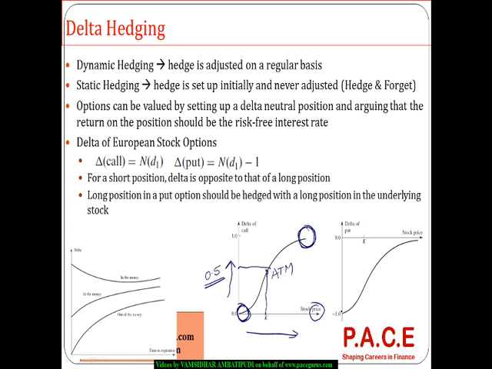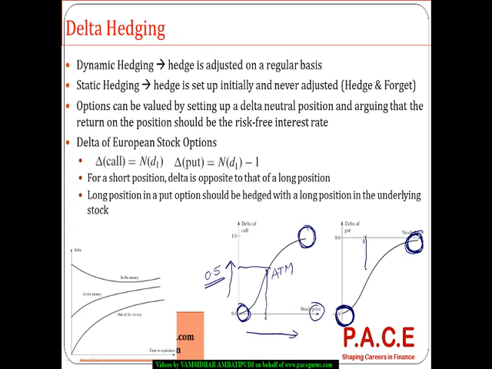Similarly, look at a put. If the stock price is completely close to 0, the option is deep in the money and the delta is minus 1. As the stock price increases, the option becomes more and more out of the money, and the delta becomes very close to 0.